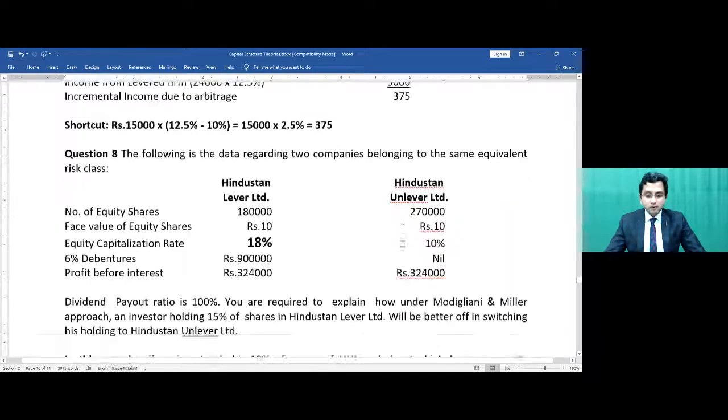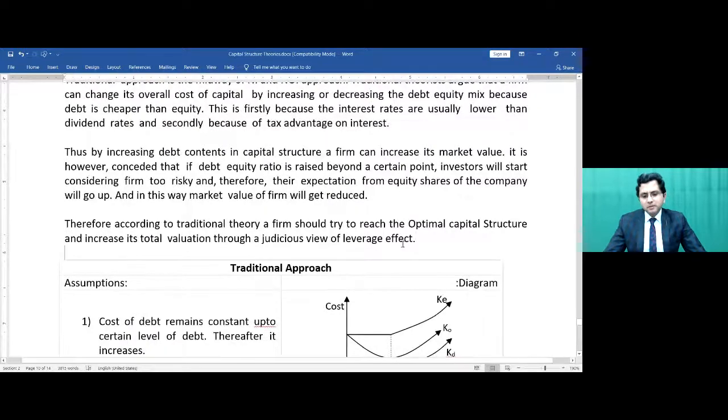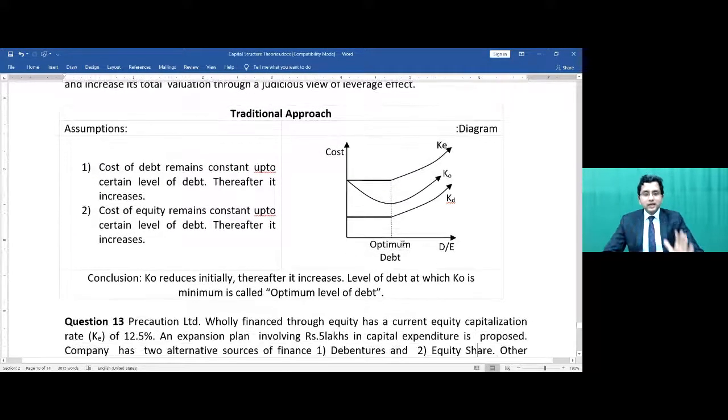And now the last approach, for which we won't be able to solve a question. But anyways, it's simple also. You know, NI says slight change in capital structure will affect value. NOI says any change in capital structure will not affect value. M&M says any change in capital structure will not affect value.